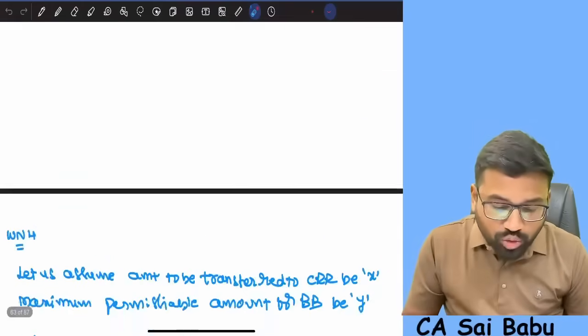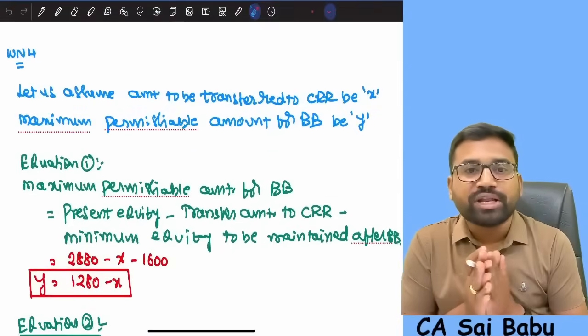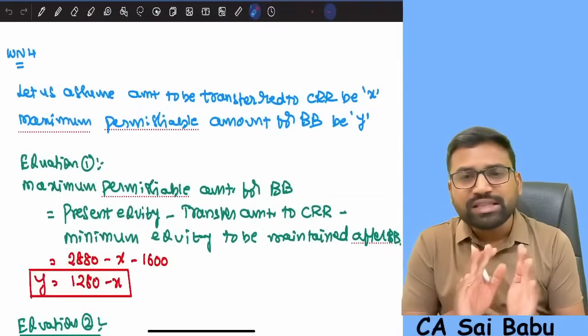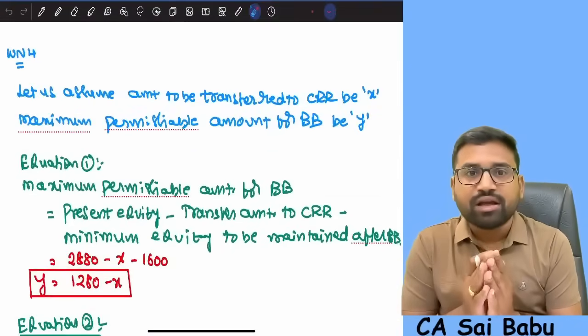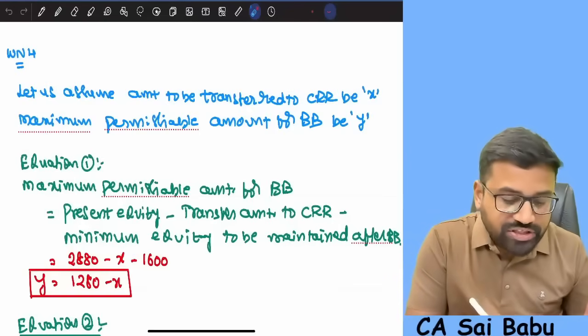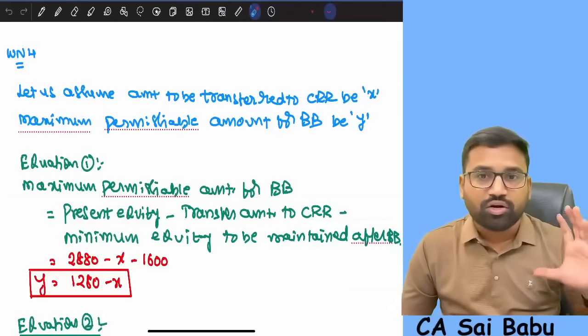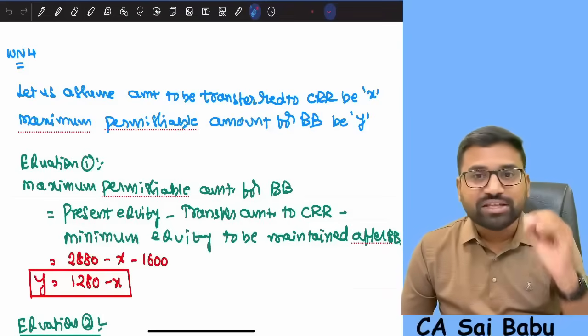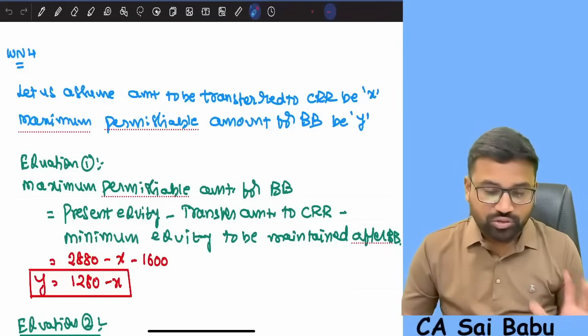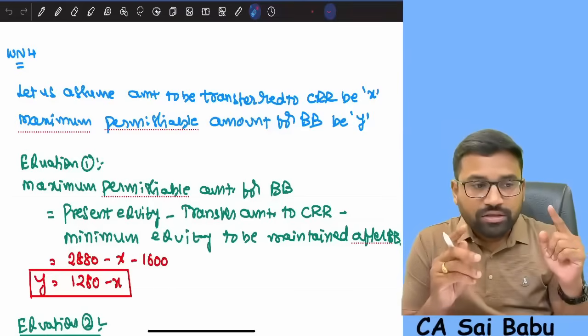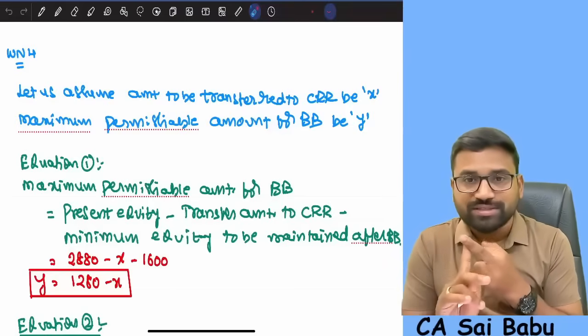Now the question is how to find out the amount to be transferred to CRR. There are different techniques, but the technique prescribed in the ICAI study material is important. You have to solve only according to this, which is given in the study material, then only you will get the marks. Now the study material says you need to frame two equations.